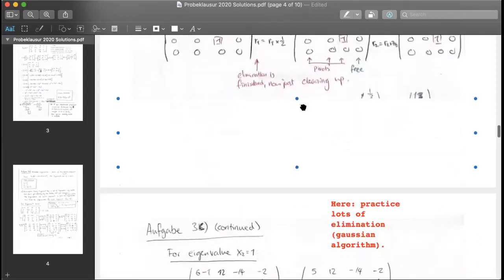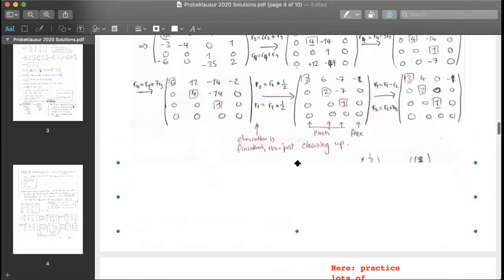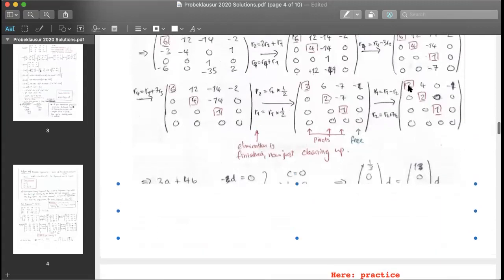All right. Then after you have this, then you've identified that these are your pivots, and so your pivot columns are here, and this is your free column. And now you're going to solve the equation, right? So what do we have here? We have 3a plus 4b minus d equals 0.